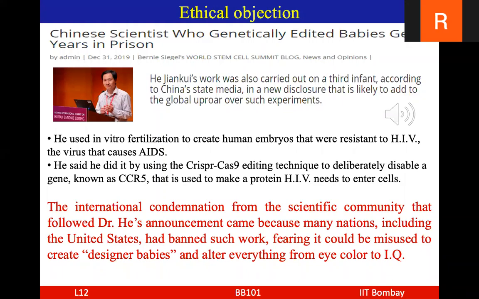Whatever he did, good or bad, as scientists we can condemn it or somebody can favor it, but this is still a topic to debate.